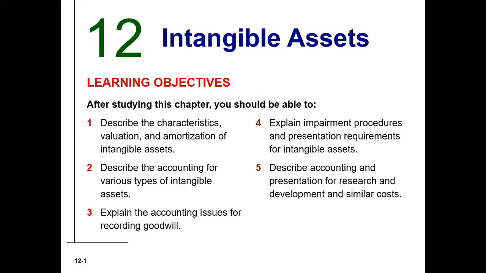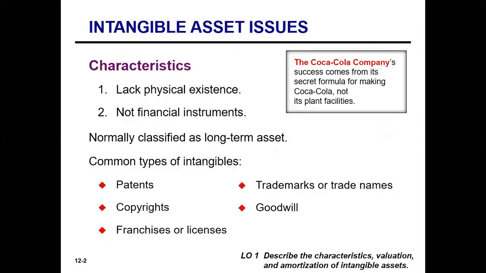We're going to be looking at how we classify our intangible assets, whether they're definite life or indefinite life, how we account for these intangibles, patents, copyrights, trademarks, franchises, licensing fees, things like that, goodwill. If they are indefinite life assets, how we calculate impairment, how we record impairment, and then how these are presented on our financial statements.